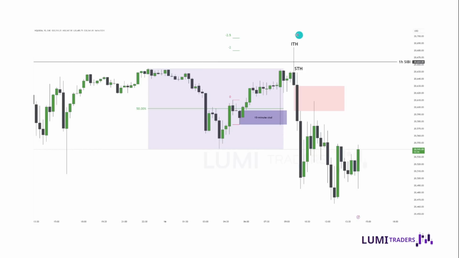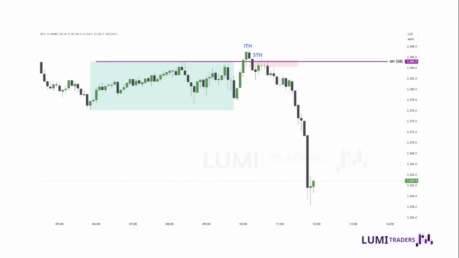Perfect. It formed intermediate-term high. Right after this, it formed short-term high. Perfect. The very first fair value gap after we got short-term high is right here. That is going to be a real distribution fair value gap, and that's going to be a real move to offer distribution, range expansion.